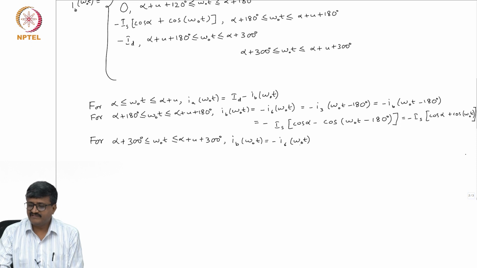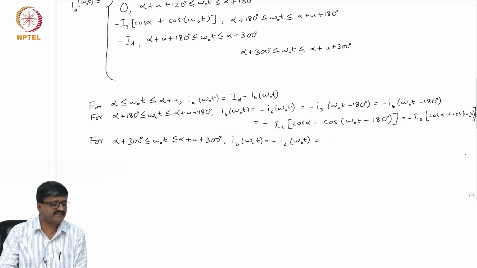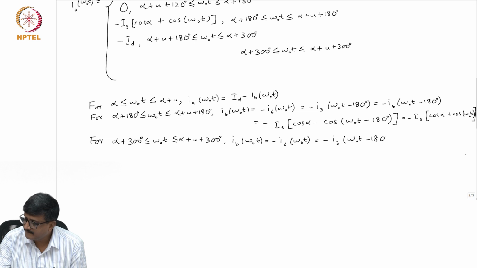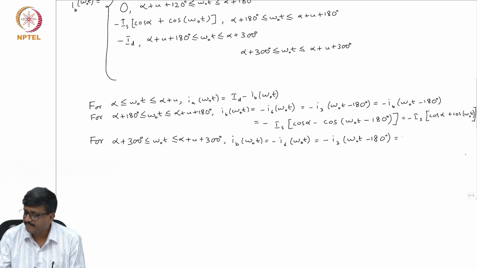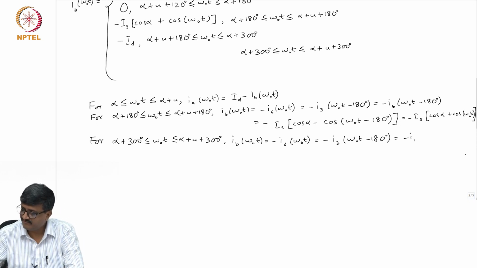Now, again we use the same result, that I6 of omega OT is equal to I3 of omega OT minus 180 degrees. So, it is minus I3 of omega OT minus 180 degrees. Now, this can be written in terms of IB. So, can I say that this is minus IB of omega OT minus 180 degrees?